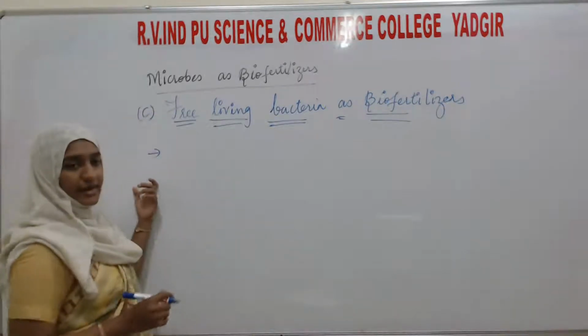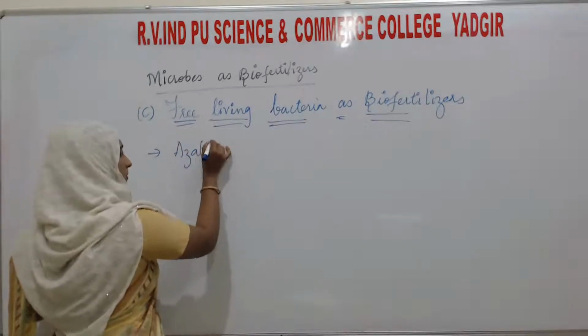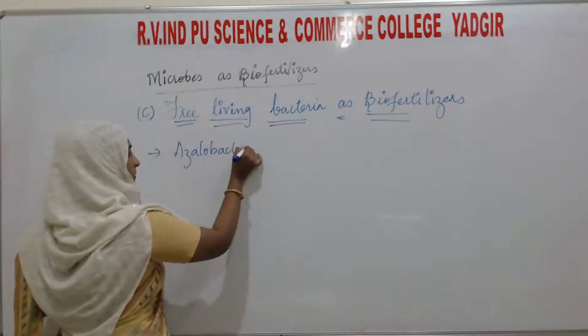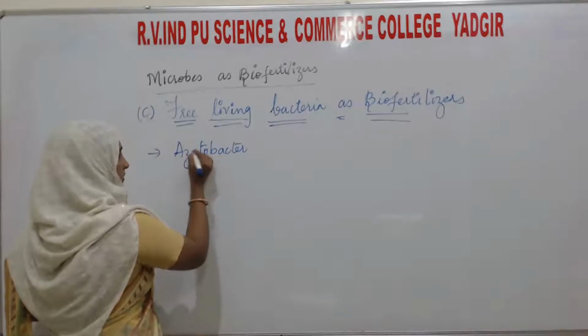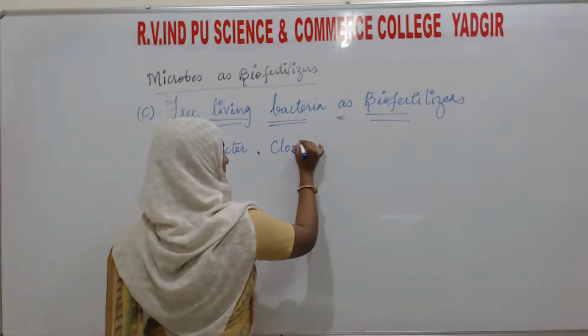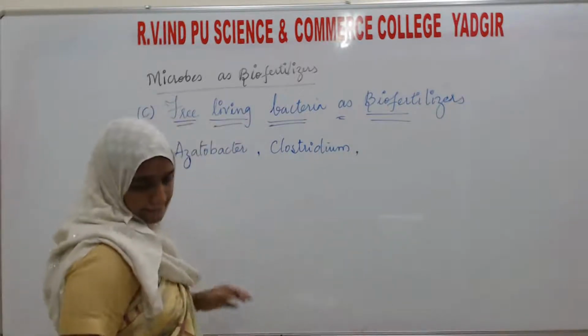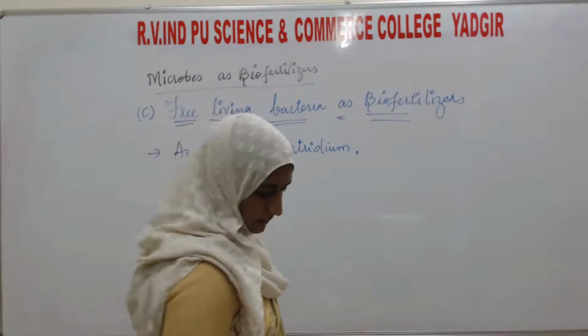Some of the names of bacteria here are Azotobacter, Clostridium, then Bacillus polymyxa.